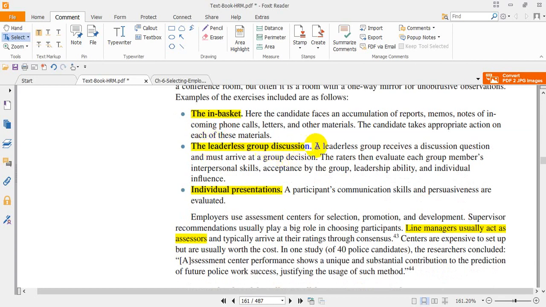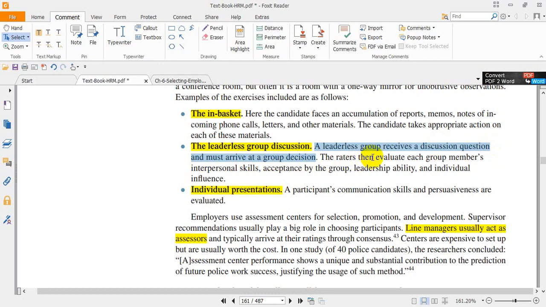And the leaderless group discussion. A leaderless group receives a discussion question and must arrive at a group decision.